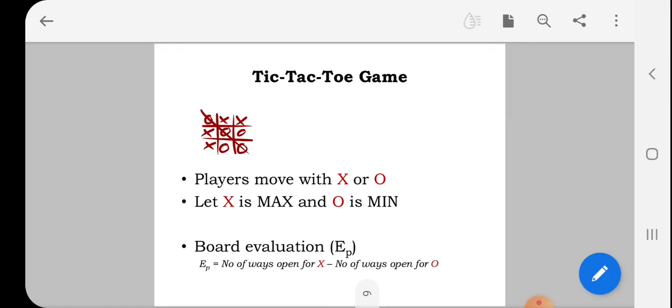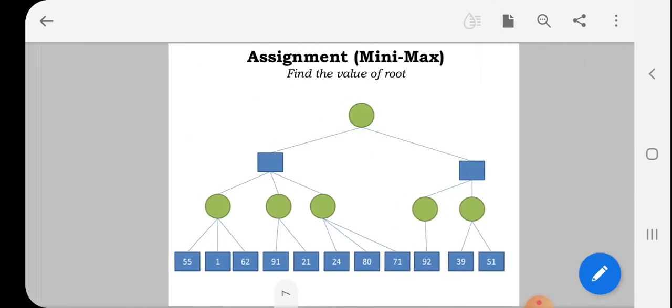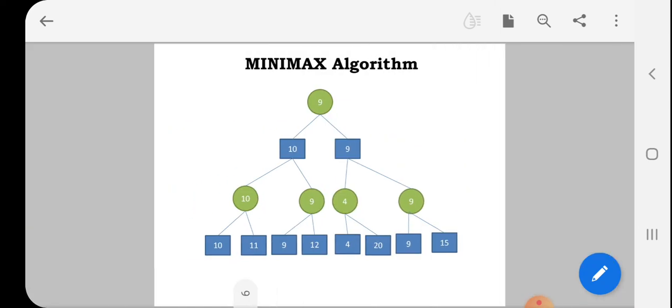Now to proceed further, we can see that in the minimax algorithm we need to analyze all possible leaf nodes in order to find out the root value of a game tree.